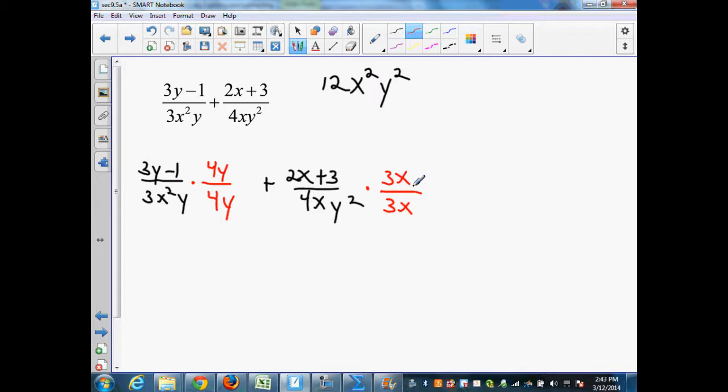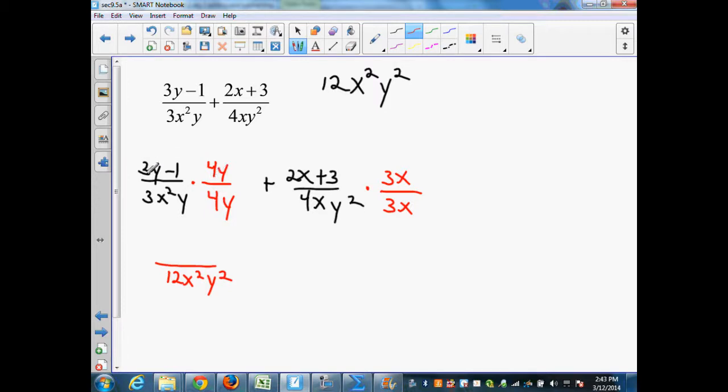And what I need to do is to simplify by distributing into my numerators. And when I do that, I'll have a denominator in this problem of 12x squared y squared.